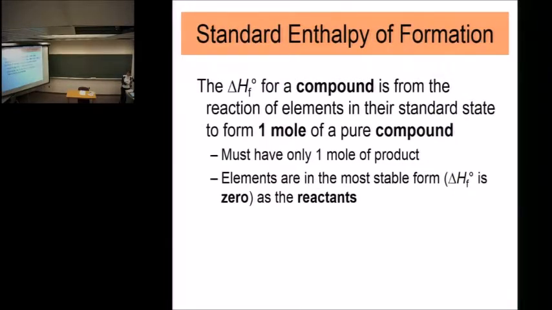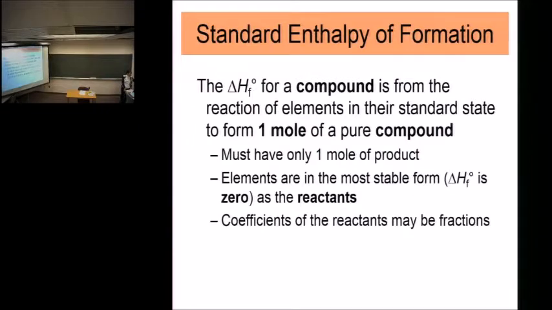Those that have a heat of formation of 0. So I can't just use any elements, I have to use those elements that have a heat of formation of 0. So we need to know which ones those are, right? When I have these two conditions, 1 mole of product and elements as reactants with a heat of formation of 0, you still have to balance this reaction.